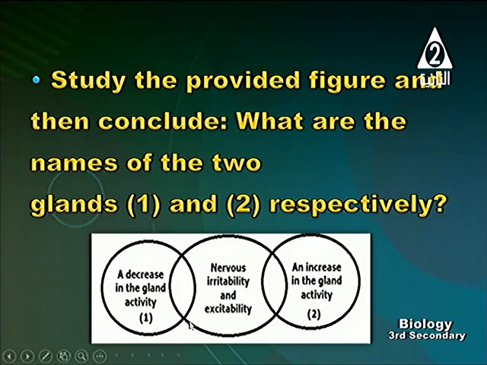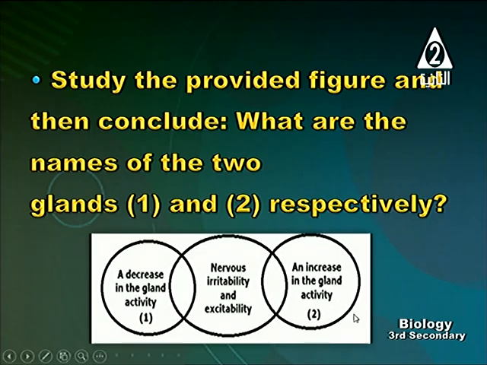Parathormone and calcitonin regulate together the calcium level in the blood, and any decrease in calcium level causes nervous irritability and excitability. So the decrease in the activity of gland number 1 decreases the amount of parathormone. The gland responsible for secretion of parathormone, of course, is the parathyroid gland.